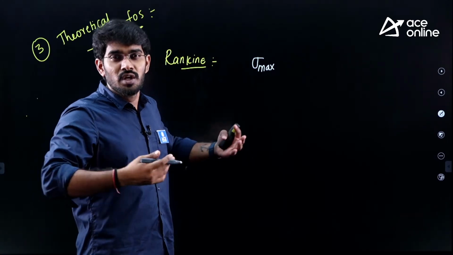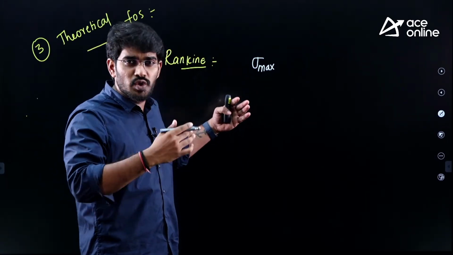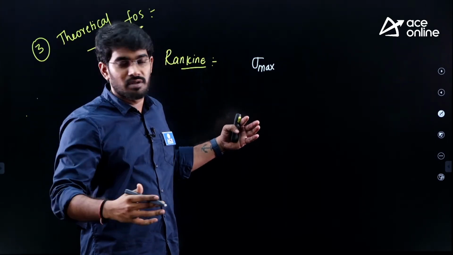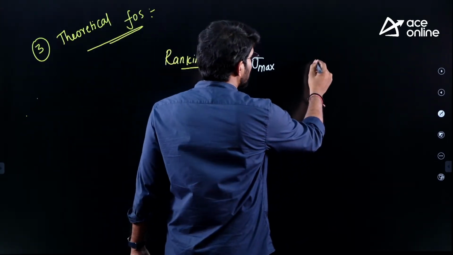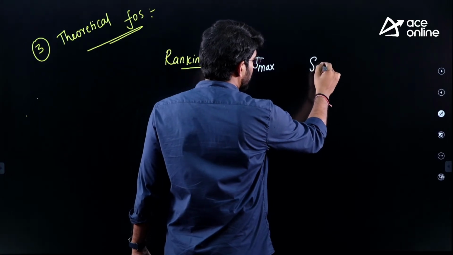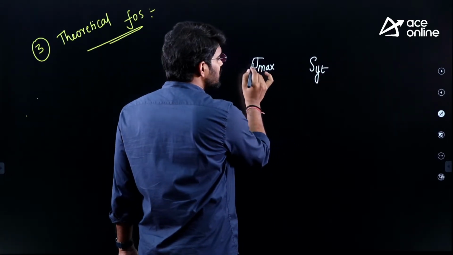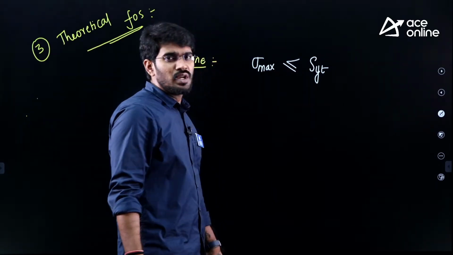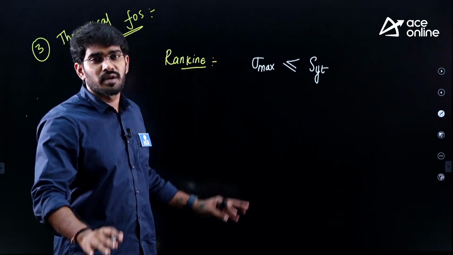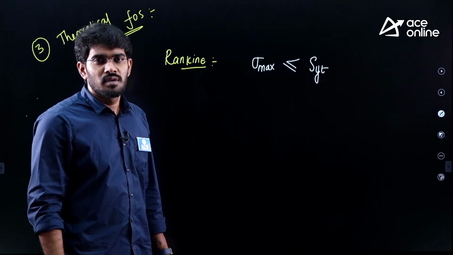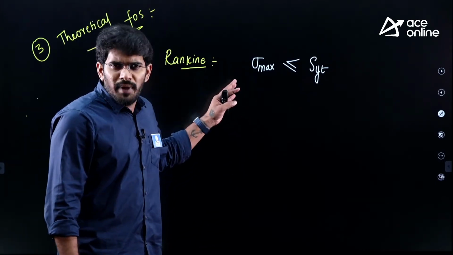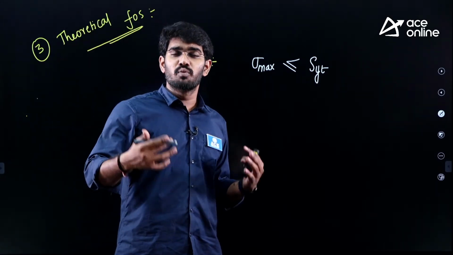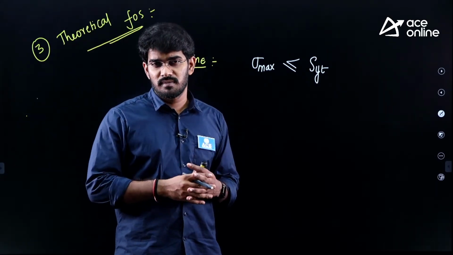What is failure stress? We know that when stress goes beyond SYT, the yield strength, it enters into the damaging region, which means on the other side we have SYT. He says that the maximum stress on the particle should always be lesser than or equal to SYT for a safe operation. Based on this, under combined loading, we may have more than one principal stress.